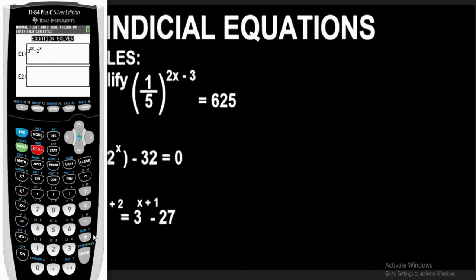Then equals, so you go to E2. The equality sign here is not your concern. Just come here and put 3 to the power x plus 1, come down, minus 27. So this is what we have here. Let's check. Yeah, it's correct.